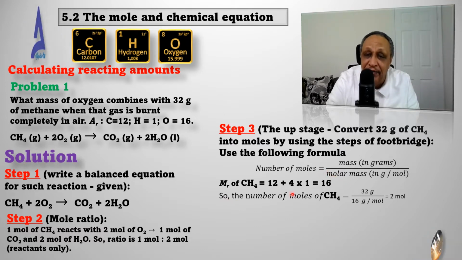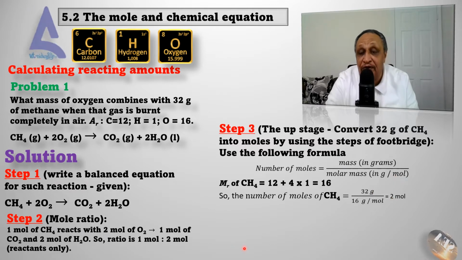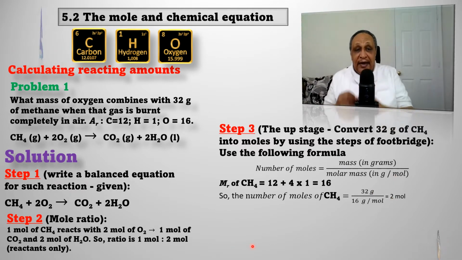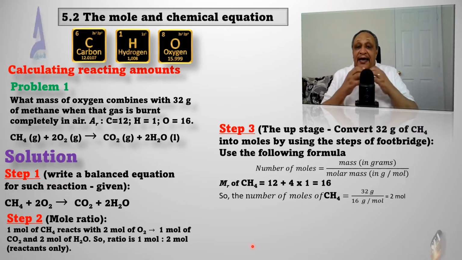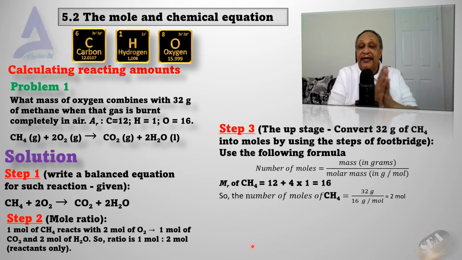I would like the number of moles, so it's going to be 32 over 16 grams per mole. I'm going to have 2 moles. So in these 32 grams of methane, I have only 2 moles of methane.